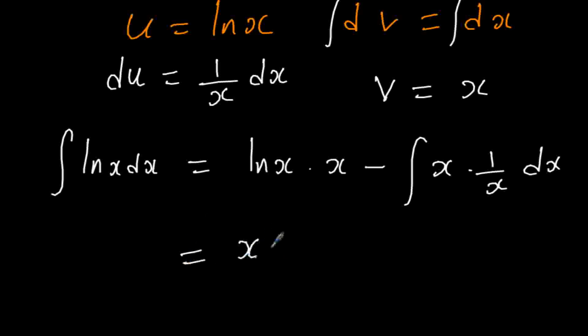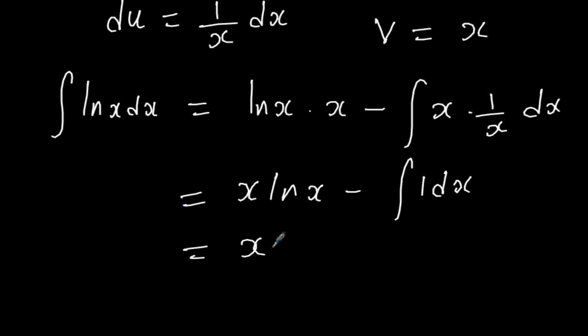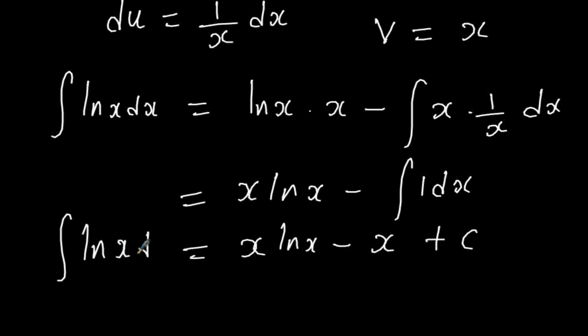And that gives us x ln x minus the integral of 1 dx, which gives us x ln x minus x, then plus c. So this is our answer to the integral of ln x dx.